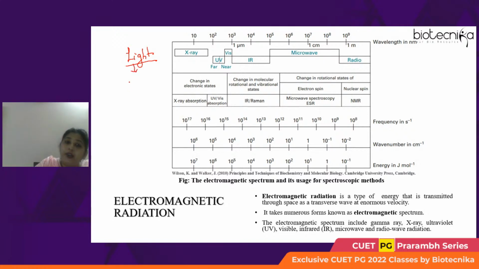And what is electromagnetic radiation now? Electromagnetic radiation is a form of energy, right, which transfers in the form of a wave. So light travels in the form of a wave, and this electromagnetic radiation has discrete packages of energy which we call photons.